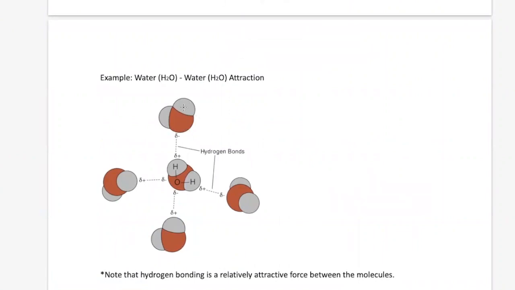So you'll see the hydrogen end is attracted to the negatively charged oxygen end and vice versa, okay? So it'll arrange itself to attract one another at different angles, but just note that in a simple diagram, there's an attraction between the positive end and negative end.